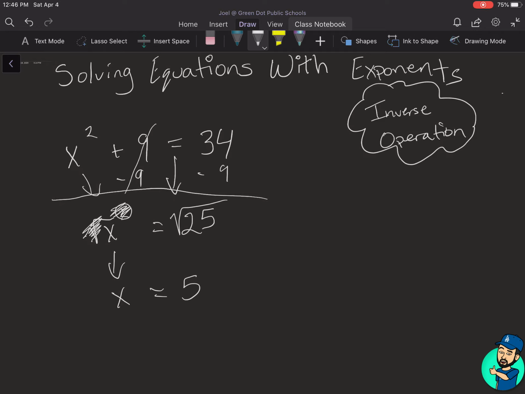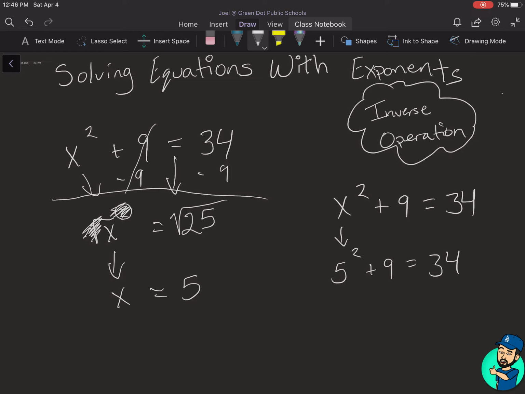Now let's check our work over here. I'm going to copy down the original problem. Now I'm going to substitute the x for a 5, and copy and paste everything else. Now again, in order of operations, in PEMDAS, exponents come before addition.